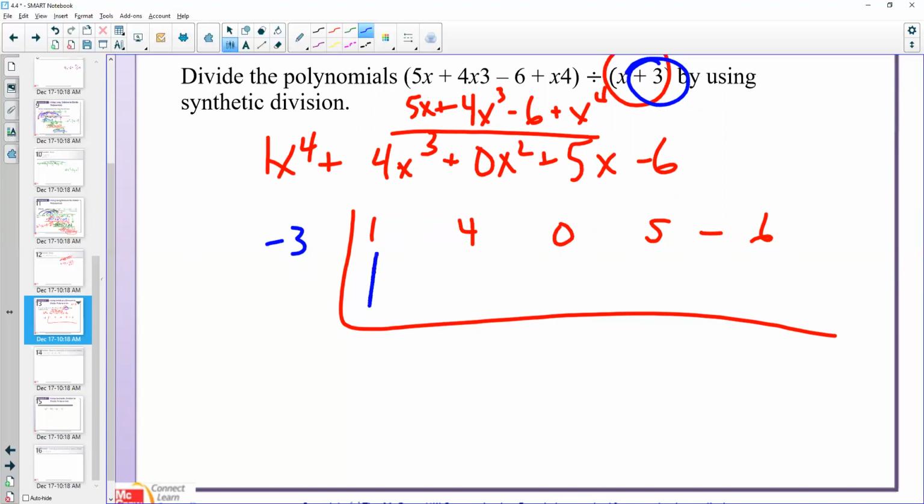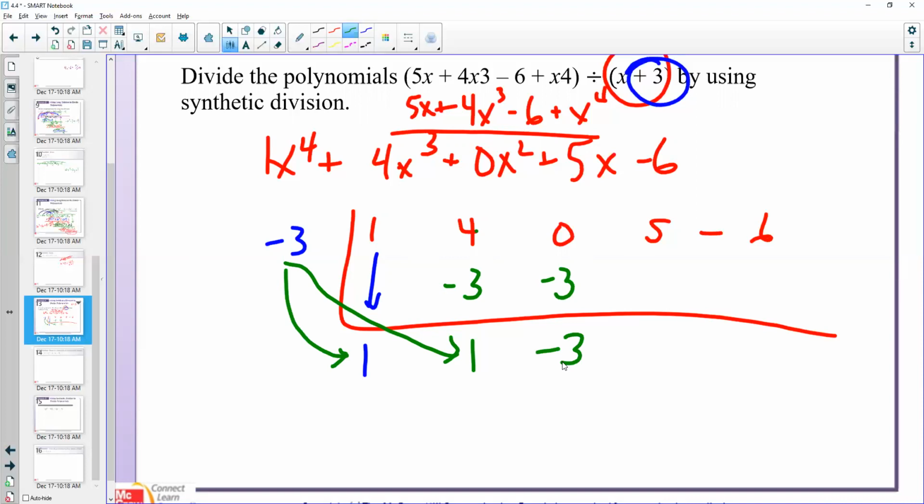The first thing I do is bring that number down, 1. Works the same every time. Then I'm going to say negative 3 times 1 is negative 3. Okay? So far? 4 minus 3 is 1. Then I'm going to say negative 3 times 1 is negative 3. 0 minus 3 is negative 3.